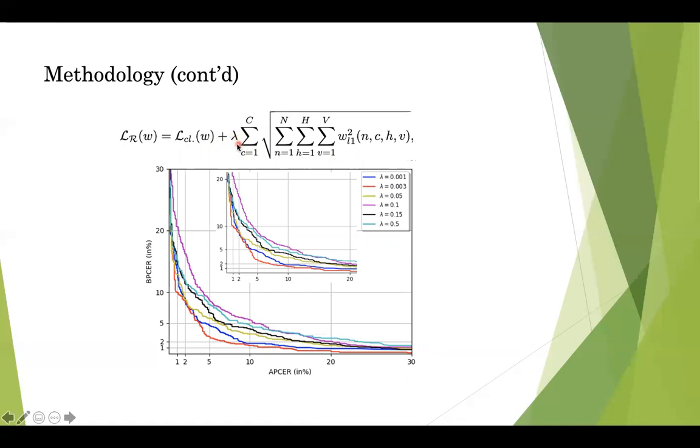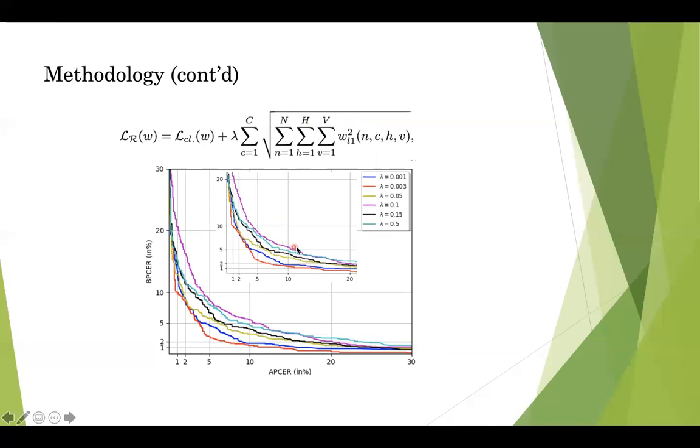Lambda represents the group sparsity coefficient, C represents the number of channels, N is the number of filters, and H and V represent the height and width dimensions of the kernel in each channel.